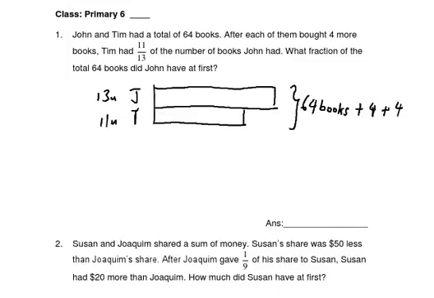So this will give you 11 out of 13, right? Correct. Now altogether, how many units do we have? 24 units. And this equals how many books? 72, right?